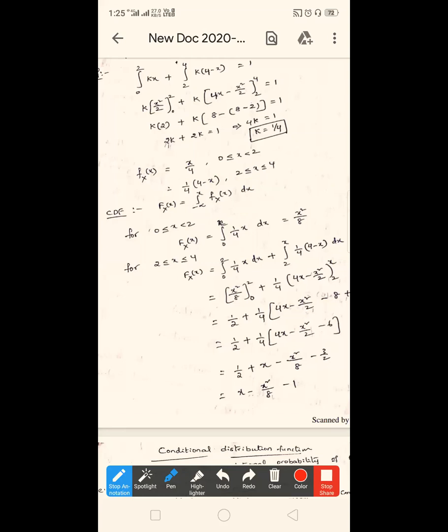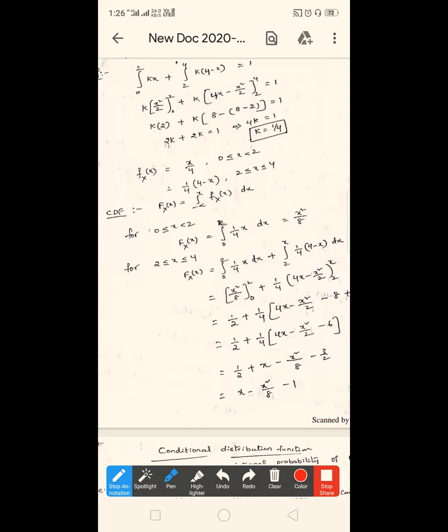For these two different ranges, you have to calculate the cumulative distribution function separately, because the probability density function is also defined for the two different ranges. That's why you have to calculate the cumulative distribution function also for the two different ranges of x.